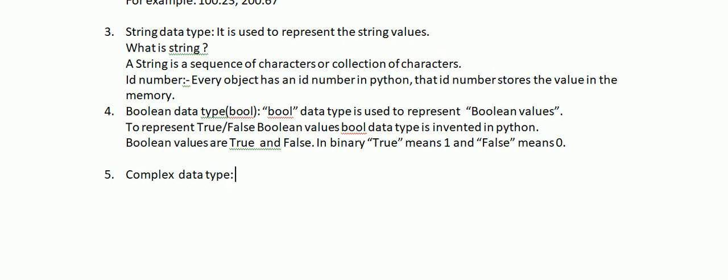This data type is the format of complex number, that is A plus Bj.